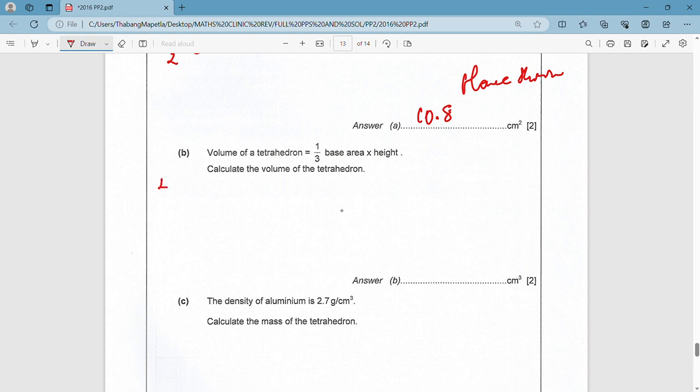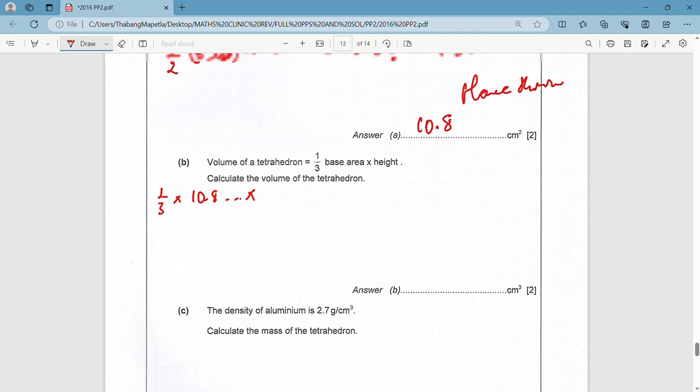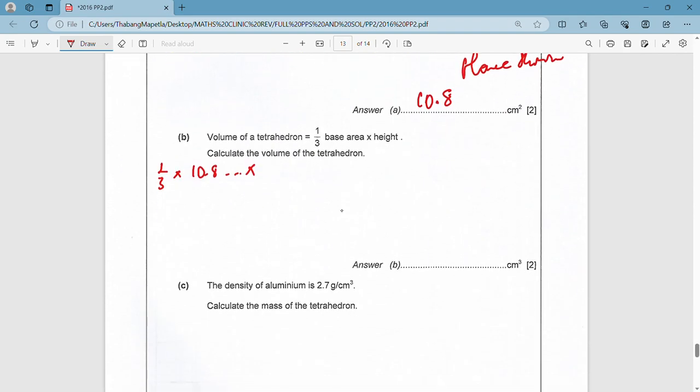So it's going to be 1/3 times base area, 10.8, times height 4.08.